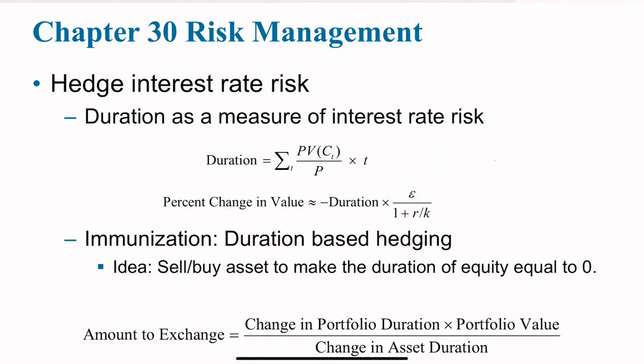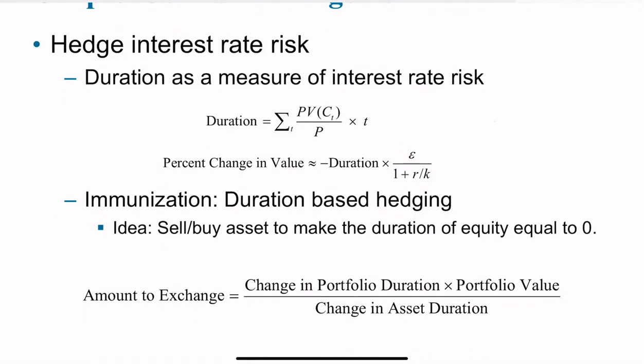Okay. And then after introducing duration, we discussed immunization. That is, we could hedge against interest rate risk by modifying duration. So remember the example we discussed in the lecture note.